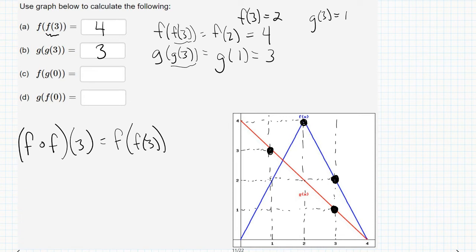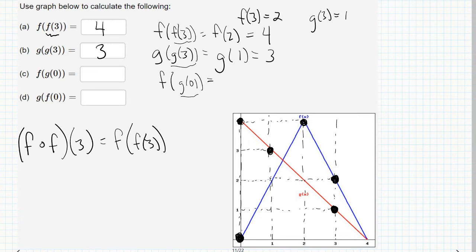F of g of 0. So notice now, our x value equals 0 right here. So g of 0 is going to be what? Actually, I should draw that line on up. Looking for g of 0, that's that red line up top. So g of 0 actually equals 4.